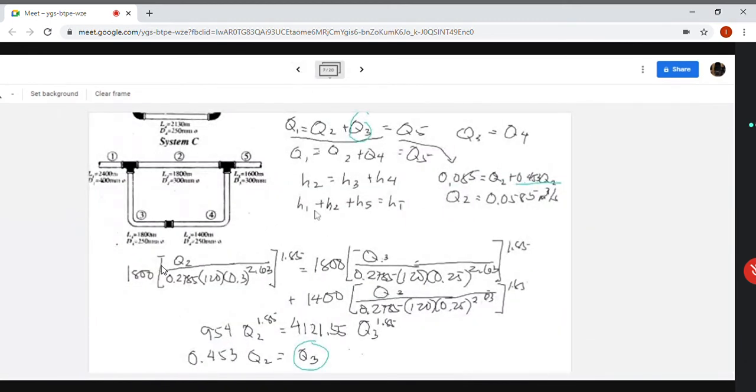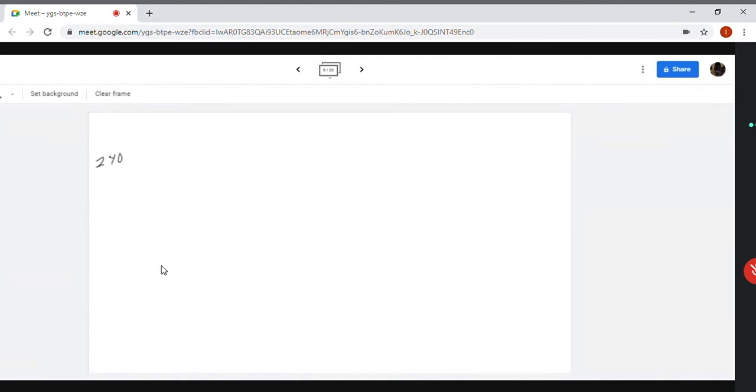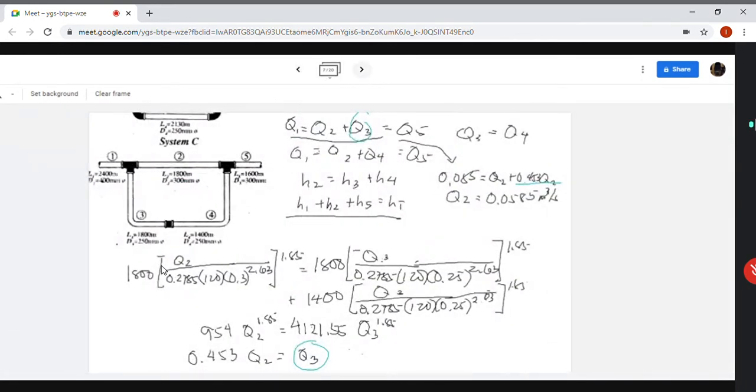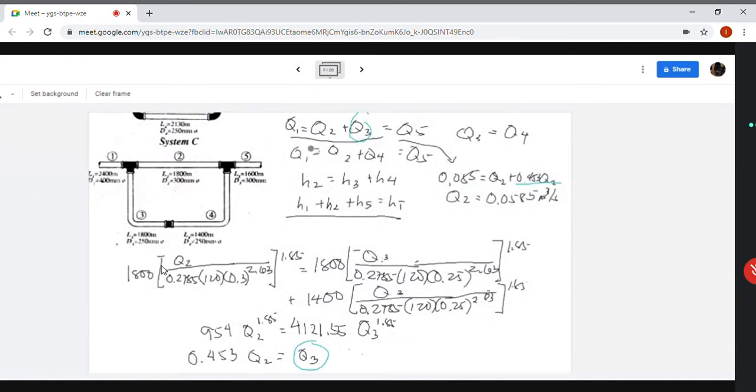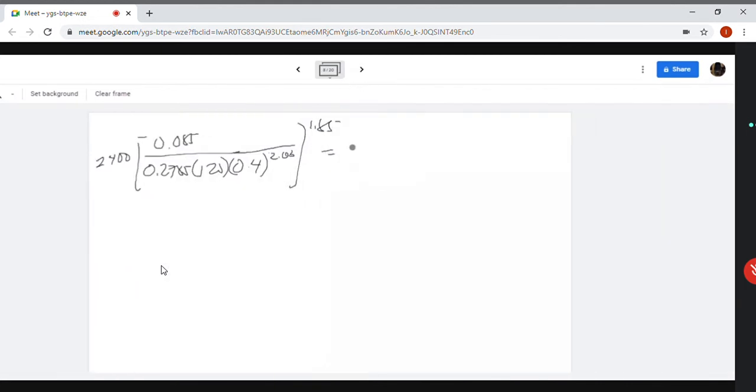Okay, so this equation we will use. Head loss 1 is 2,400 times 0.085 over 0.2785 C, D of 400, 2.63 to the 1.85 is equal to Q2. Head loss 2 is 954, plus this.